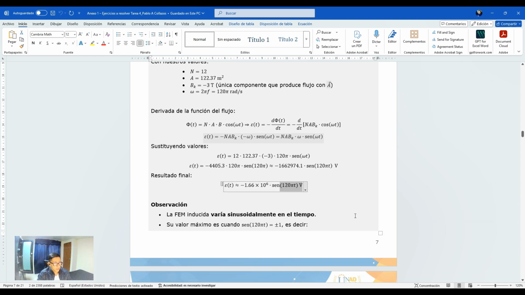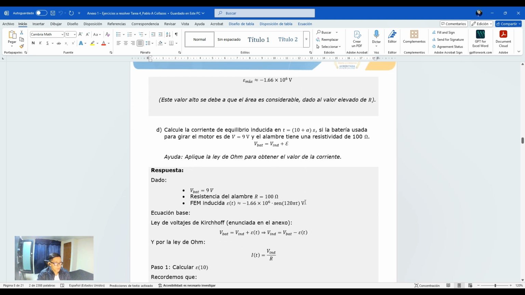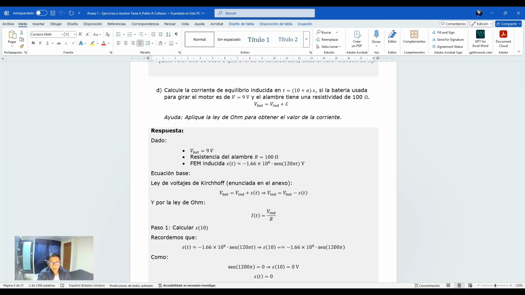And finally, the current at time t equals 10 seconds. Now we apply Ohm's law. Current equals voltage divided by resistance. We are told the battery voltage is 9 volts.